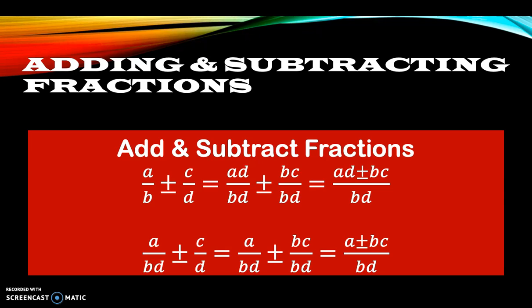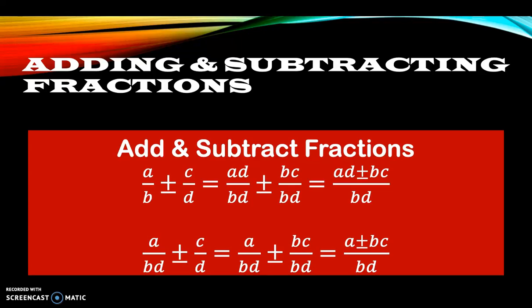For A over B plus or minus C over D, for A over B we multiply top and bottom by D, and for C over D we multiply top and bottom by B, which gives AD over BD plus or minus BC over BD, which equals AD plus or minus BC all over BD.